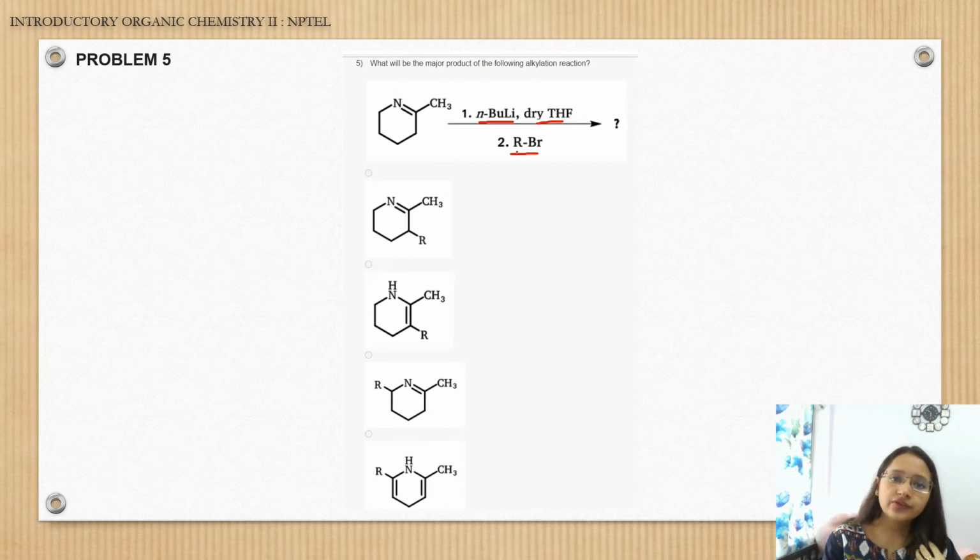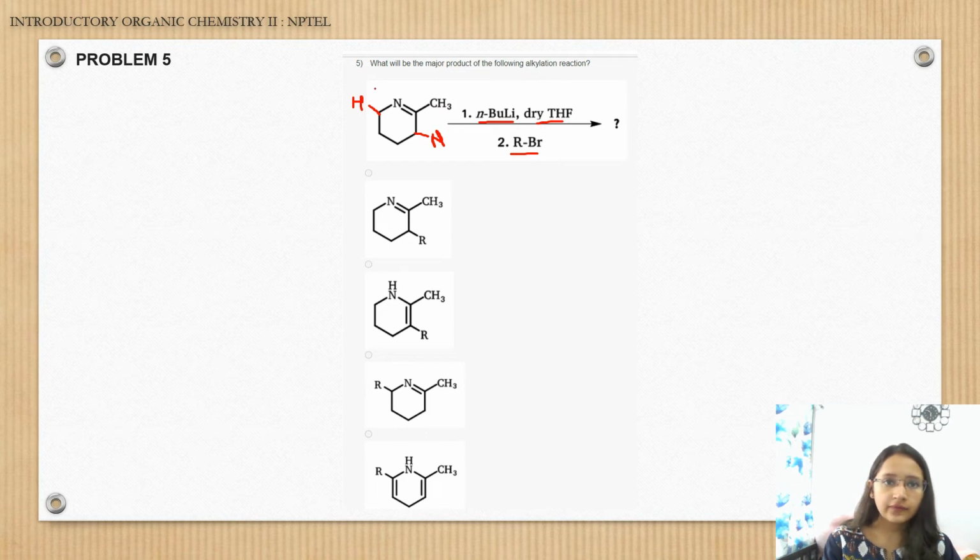Just worry about the first step only, what is happening here. So n-butyl lithium is a base, no doubt. Now which proton is so acidic for it to abstract? Either it will be this, or it will be this. So which proton can it abstract?